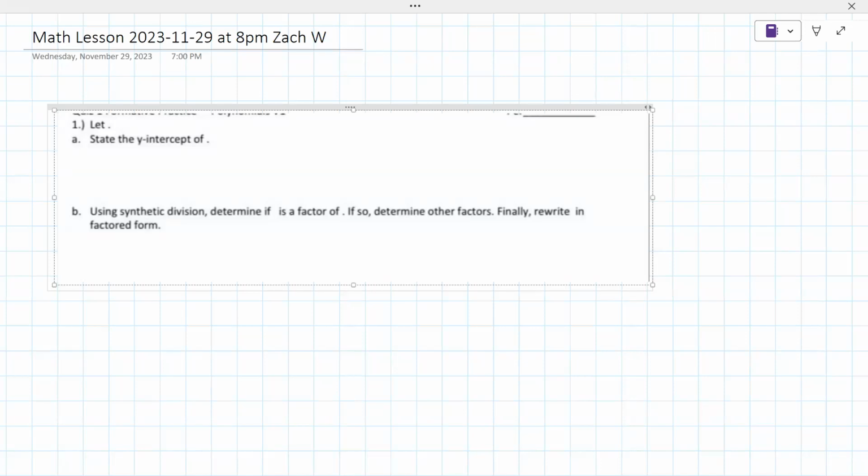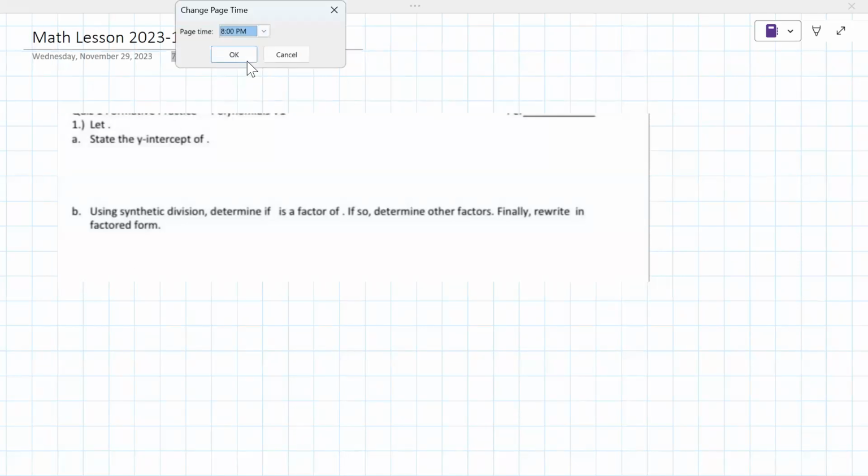You know what? Here, I have a physical copy of the page. Let me go grab that real quick. Okay, that's good. All right, hopefully that one worked.